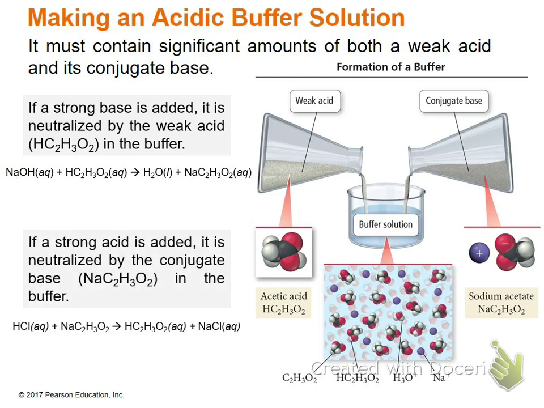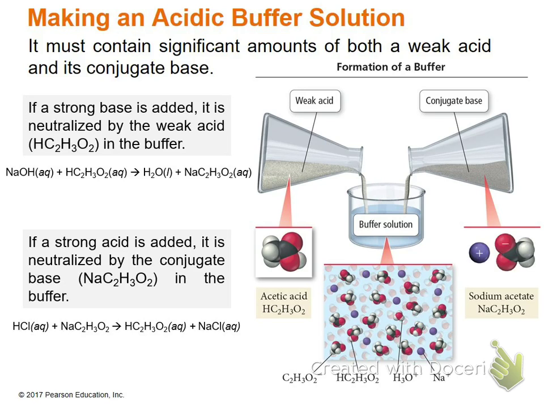If a strong acid is added into the buffer, then the conjugate base will neutralize this acid that was added. So for example, if we added hydrochloric acid, which is a strong acid, into the buffer solution, then the conjugate base component of the buffer solution will react with the acid.